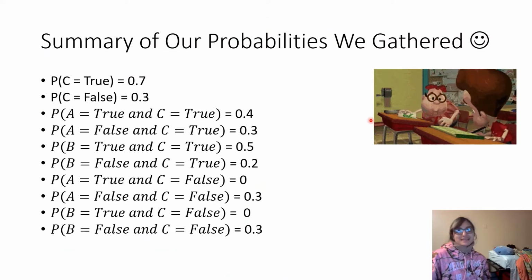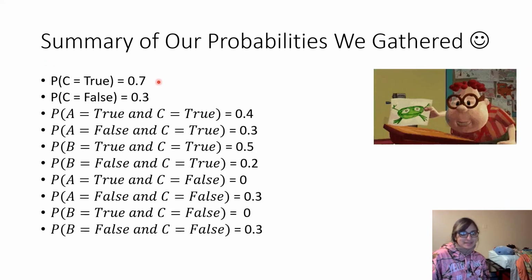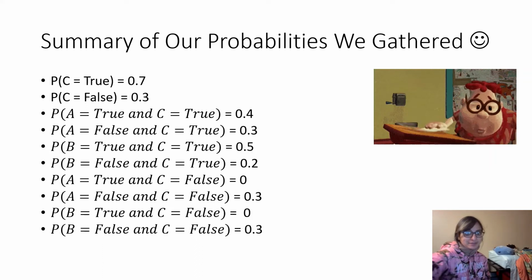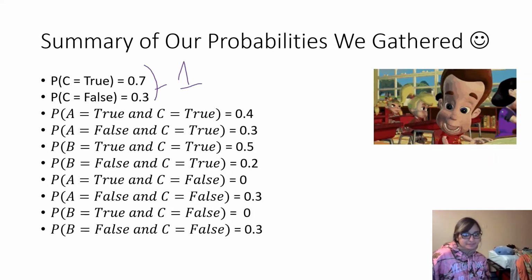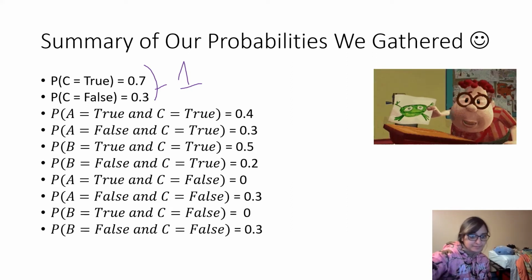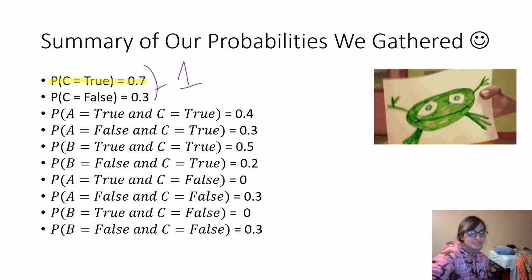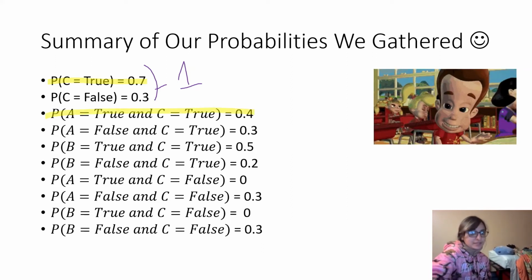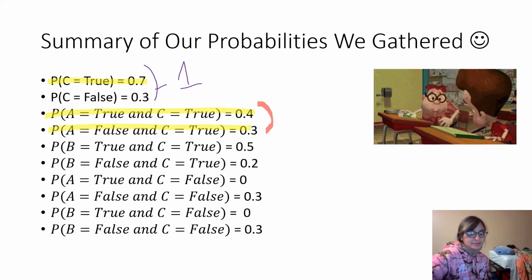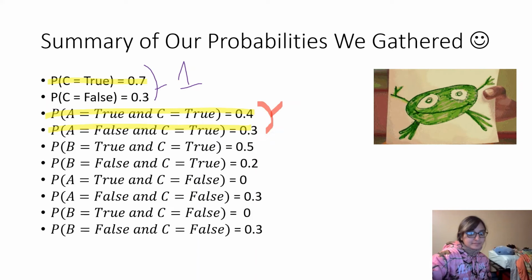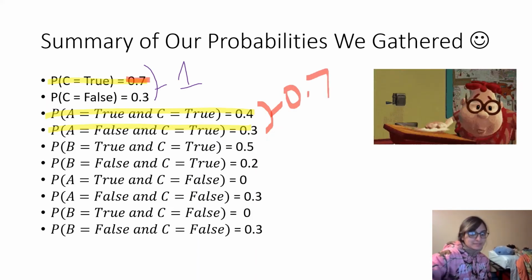So just to summarize the probabilities that we've gathered so far, we know the probability C is true is 70%, C is false is 30%, and these add up to 1 as we expect. We see that this part here is 70%, and any time C is true, the probabilities should add up to 0.7, which is also what this is.